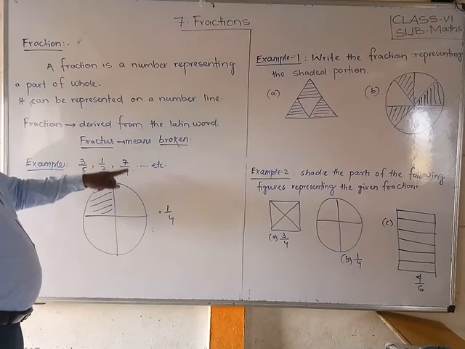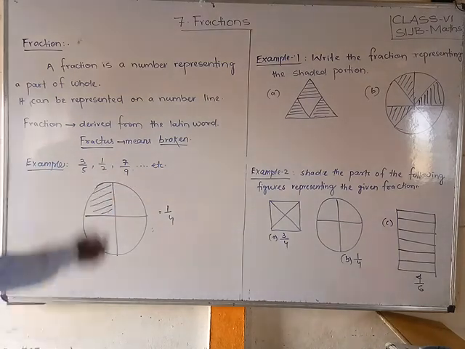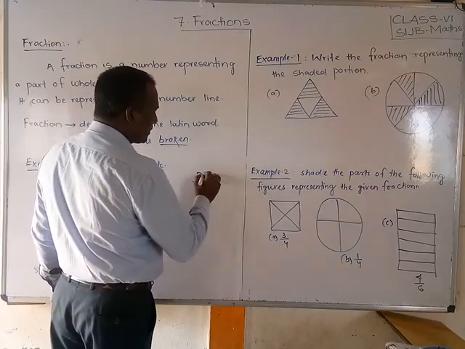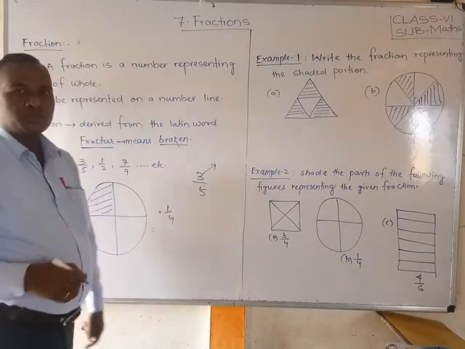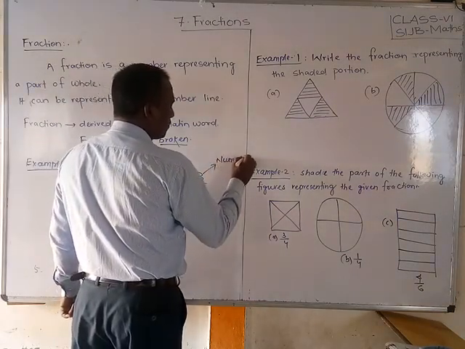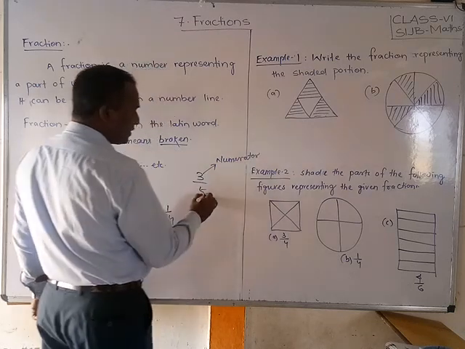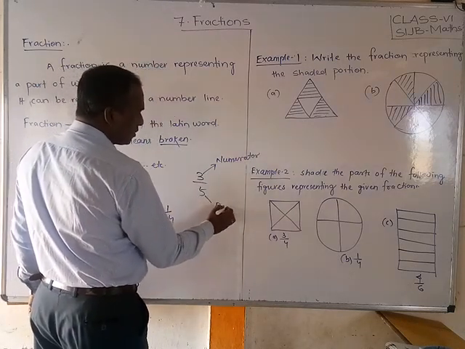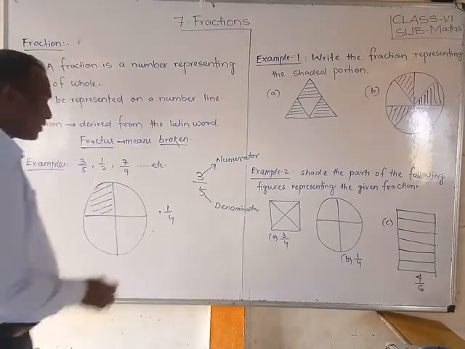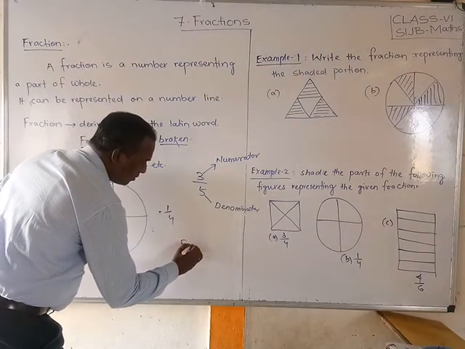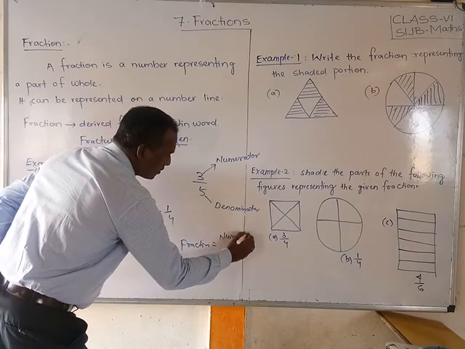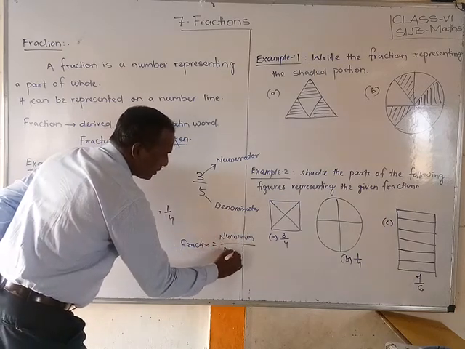The examples are 3/5, 1/2, 7/9. One more thing I have to tell you. Suppose you have written 3/5. The upper part is called the numerator, and the lower part is called the denominator. So a fraction is written as numerator by denominator.